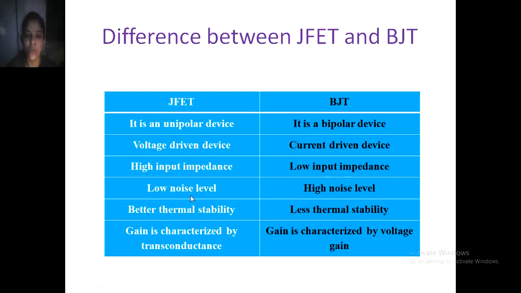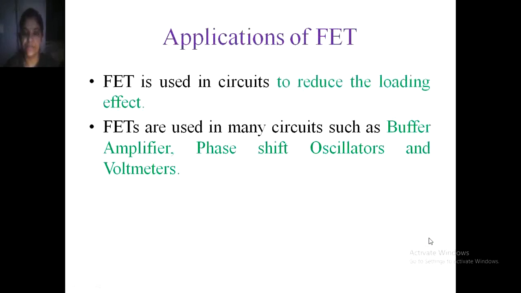JFET has a low noise level, but in a BJT the noise level is high. JFET has better thermal stability, whereas BJT has less thermal stability. In a JFET, gain is characterized by transconductance, and in a BJT, gain is characterized by voltage gain. So we have listed out some important differences here.